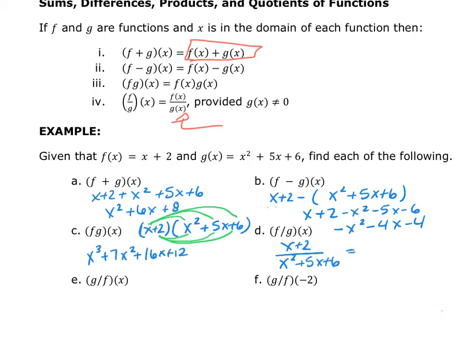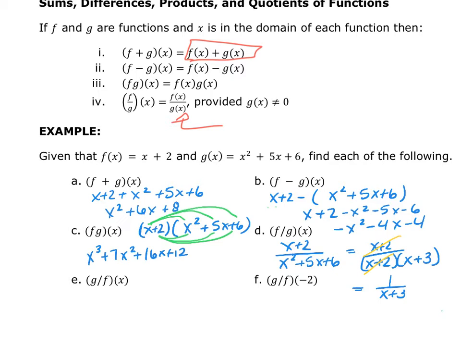The denominator does factor into x plus 2 and x plus 3. Now the x plus 2's will cancel, leaving me 1 over x plus 3.